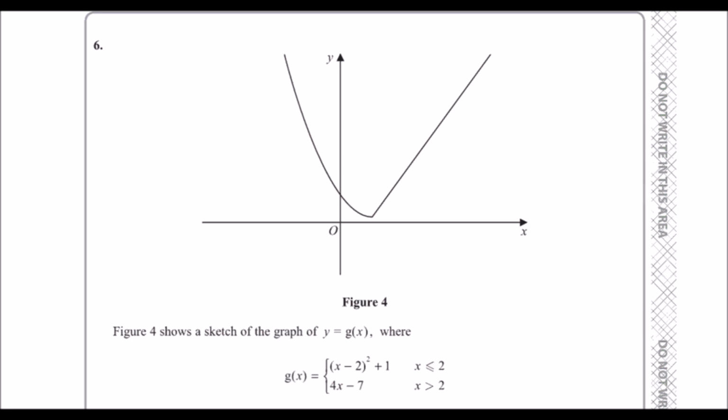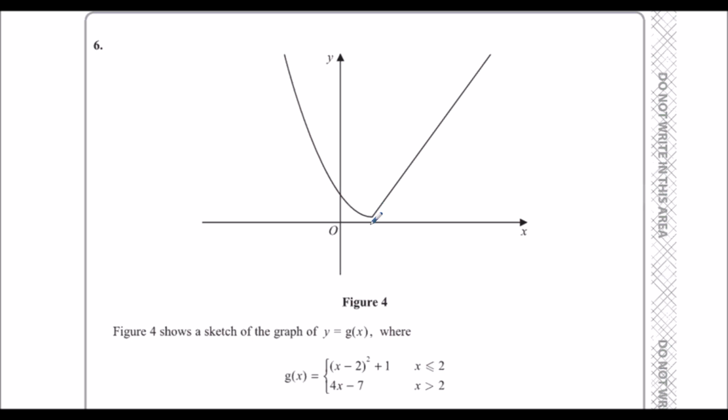Question 6. So we have figure 4 here, and it's a sketch of the graph y equals g of x, where g of x is x minus 2 squared plus 1 when x is less than or equal to 2, and when x is bigger than 2, g of x is 4x minus 7.